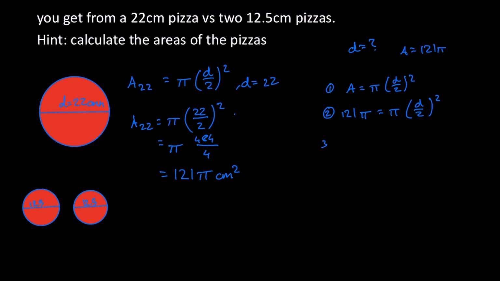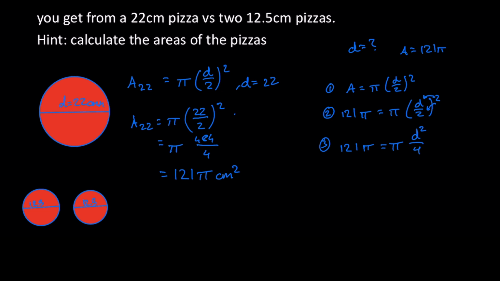And step 3 is to simplify using some rules. First let's get rid of these brackets. This means that this is squared and that is squared. So we have 121 pi equals pi times d squared over 4.